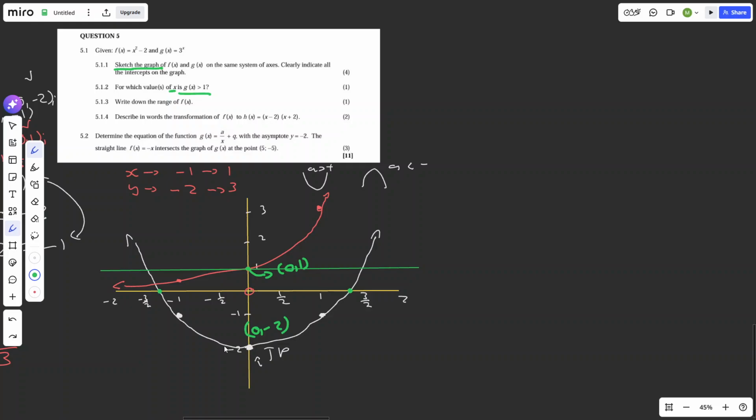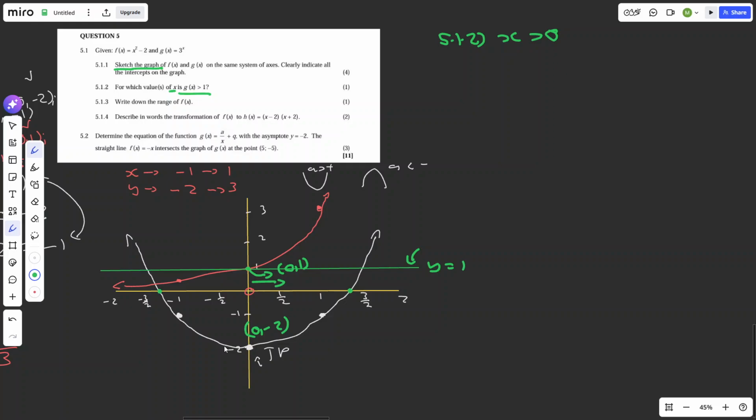So at that point there, it's x, right? Yep. So it's going to be x strictly greater than 0. Why? Because if you go towards the right, okay, for x greater than 0, you'll notice that our function is above this line here, okay, which is y is equal to 1.